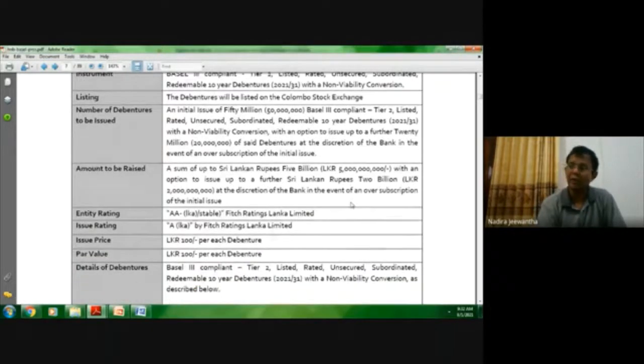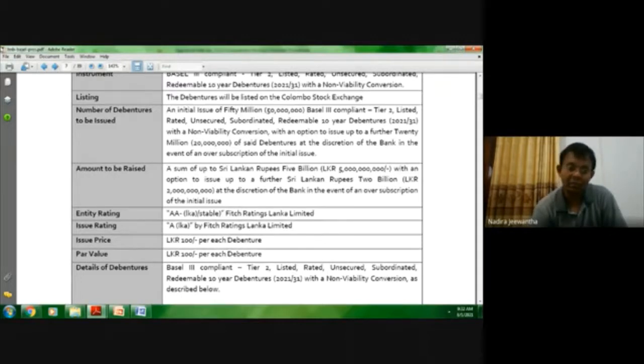If it is a company, you should have net worth of more than 500 million. Insurance companies and finance companies are eligible, they are qualified investors. The trust funds are eligible to invest by law. If it is an individual, you should have more than 50 million to be qualified for investment in Basel III compliant debentures. Remember, right?